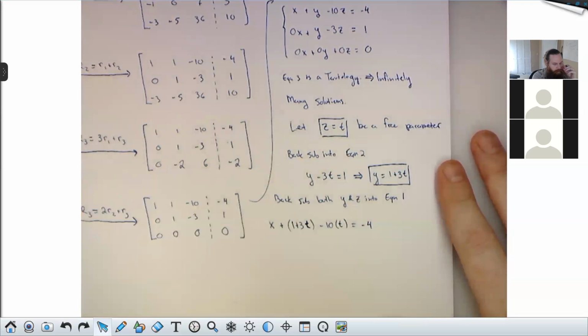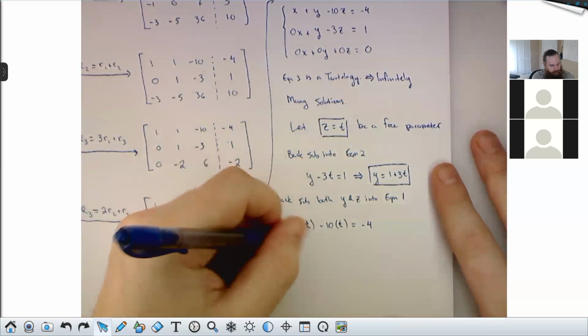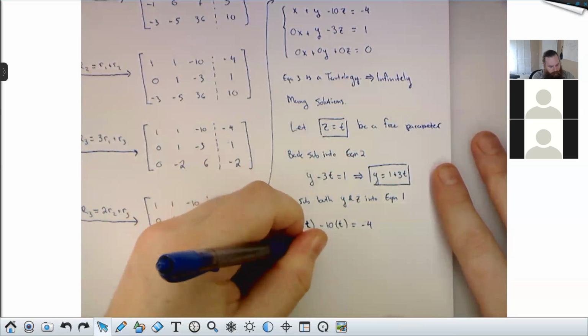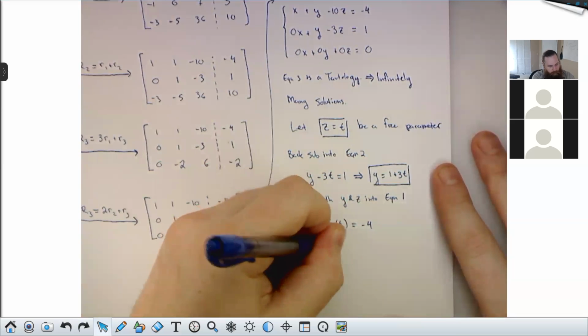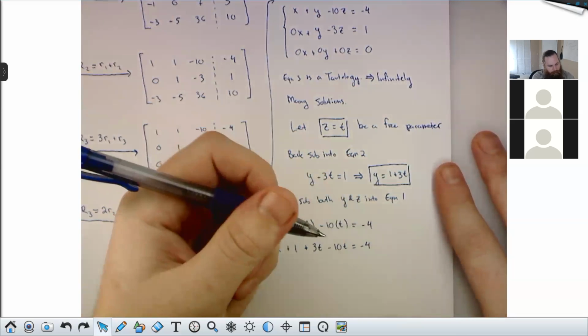And now you solve for x. So this is x plus 1 plus 3t minus 10t equals negative 4.